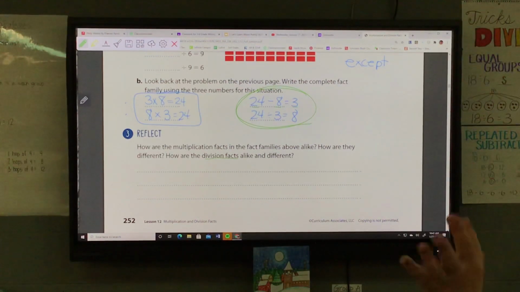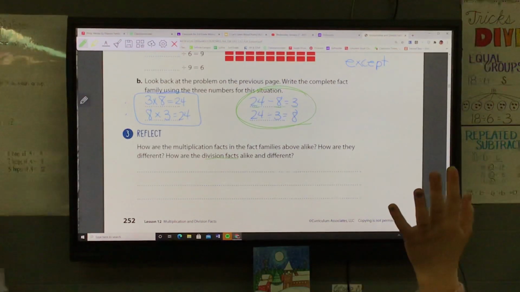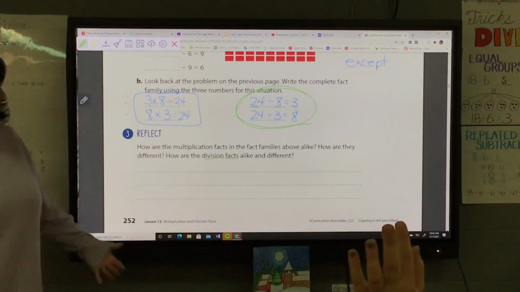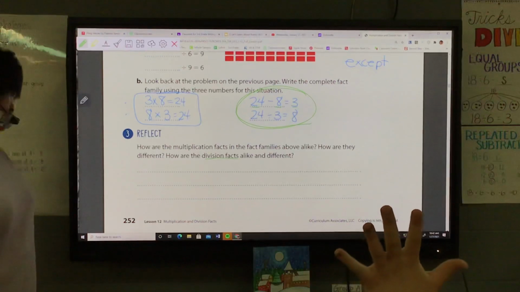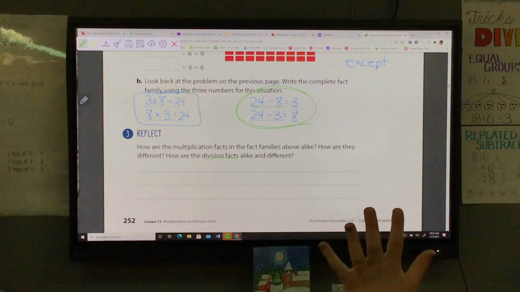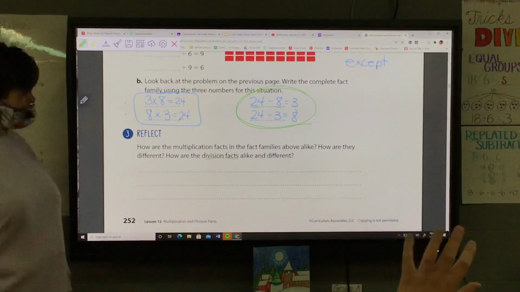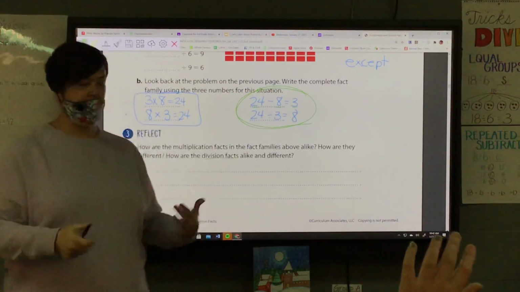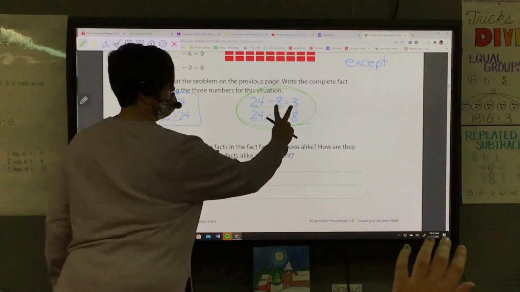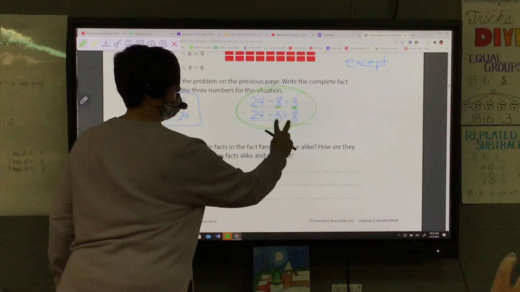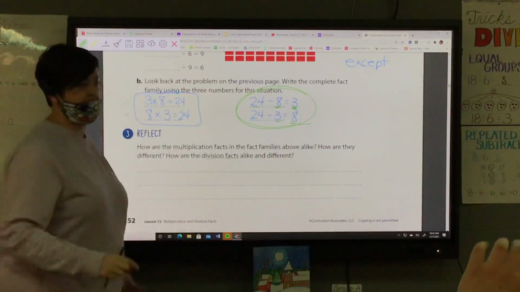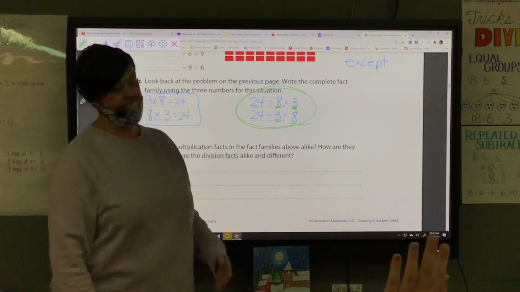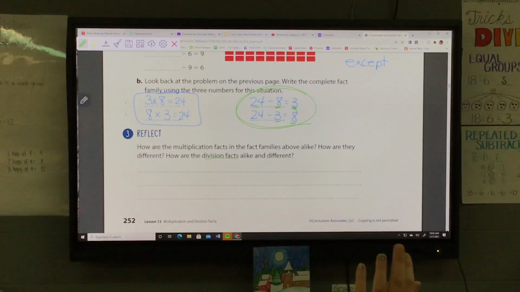How are they different? We just talked about how they're alike. What's different about them? What did they do? Did they do some switching? Yeah. The two numbers on either side of the equal sign, what did they do? They switched them. Okay, so write down how they're different.